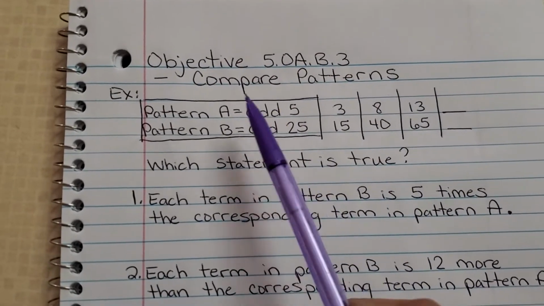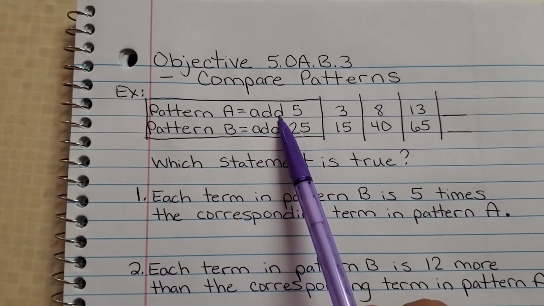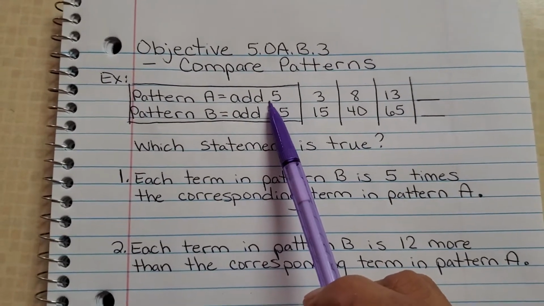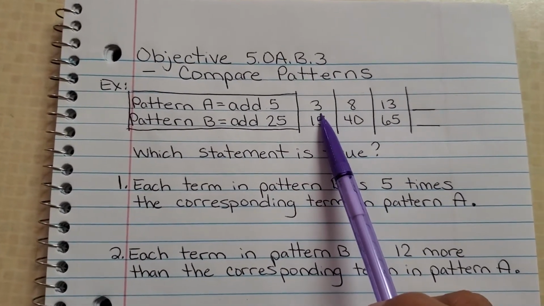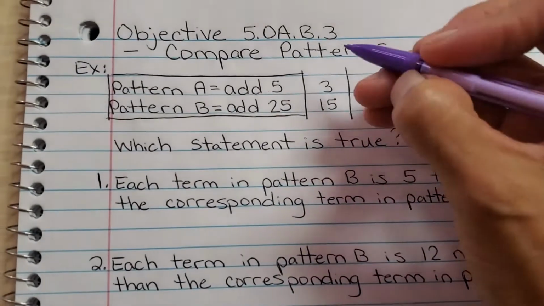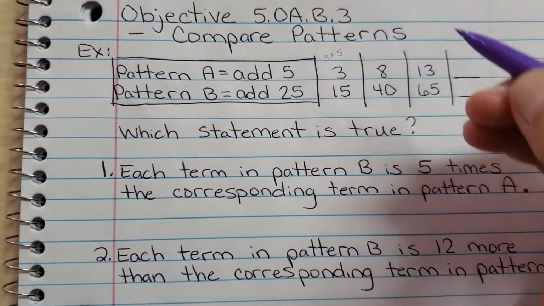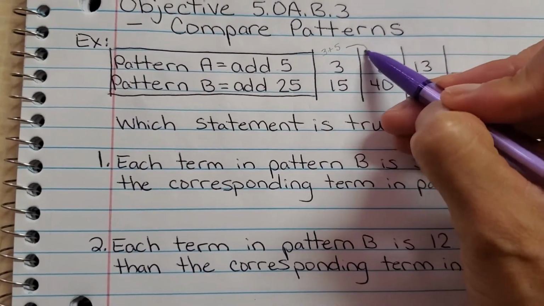If you take a look up here, it says pattern A is add 5. So that's all we're doing, adding 5 to each number to get the next number. Our first number is 3. 3 plus 5 is 8.